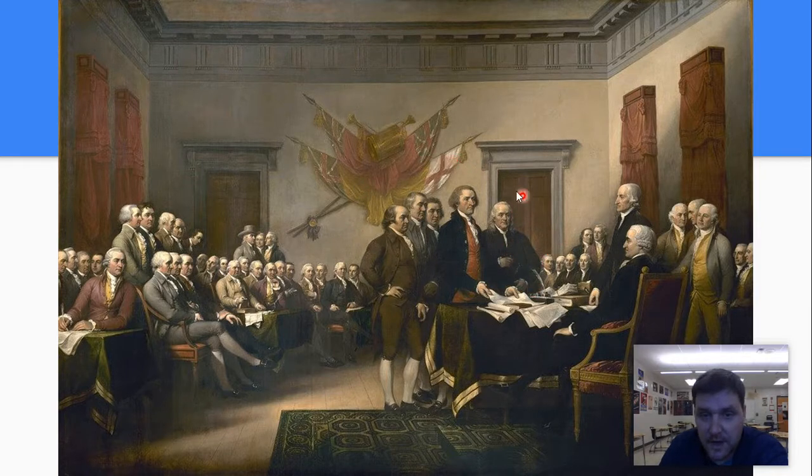These were the Committee of Five. These other four guys helped Jefferson edit the Declaration. For example, Jefferson tried to blame the King of England for slavery, and these guys, especially Franklin, said probably better not do that because it might get the Southerners to not want to join our cause in the Revolution.